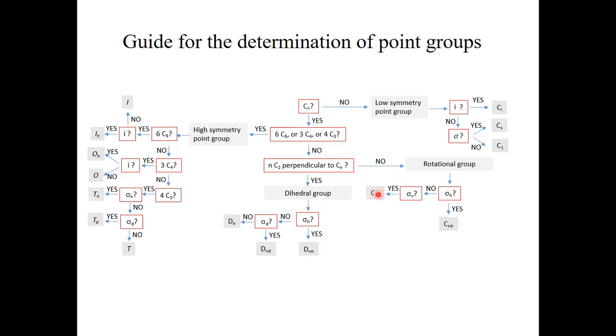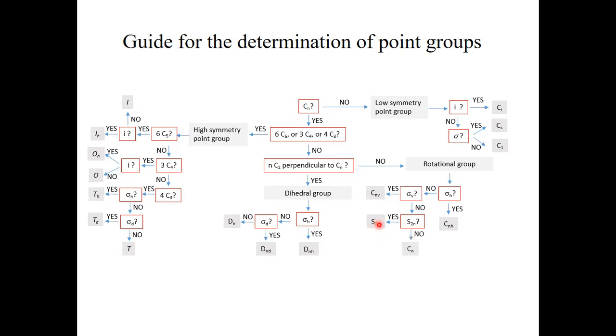However, if the answer is no, then we can ask, well, do we have an improper rotational axis, which has 2 times the order of the principal rotational axis? And if the answer is yes, then the point group type is S2n.